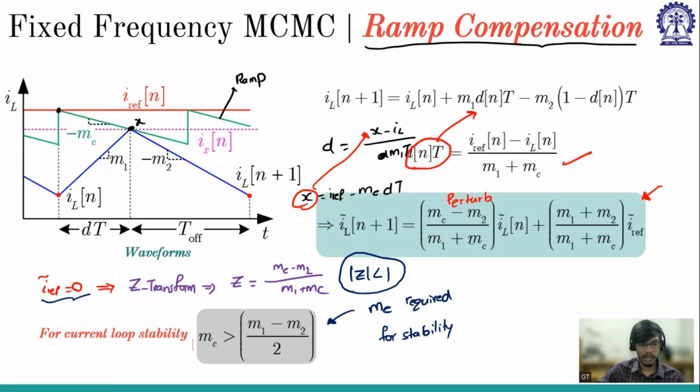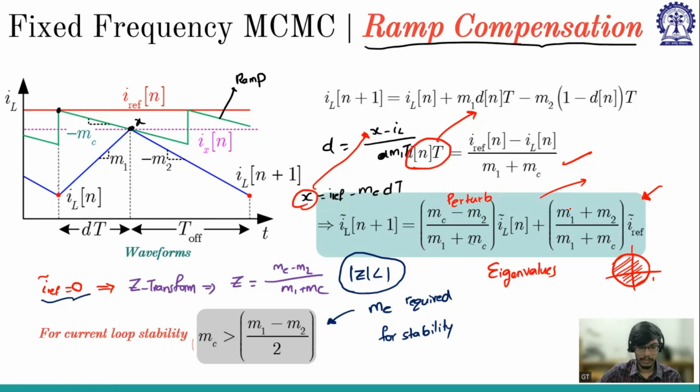So what we are doing is we are considering its small signal model, and one way you can say we are checking the eigenvalues, the location of eigenvalues. What are the eigenvalue locations, whether they are lying inside mod Z less than 1 or not. So this is that perturbed small signal model, and we are checking the eigenvalues of this one, whether they are lying inside that unit circle or not, and we are ensuring.